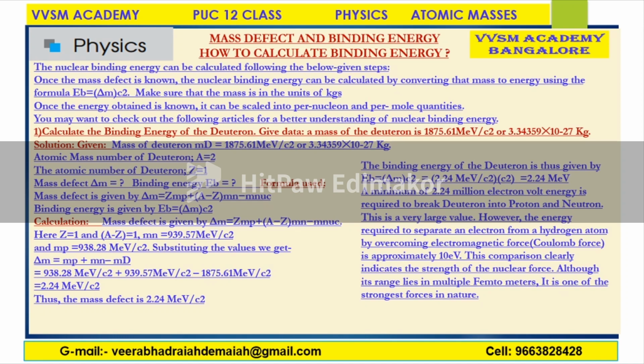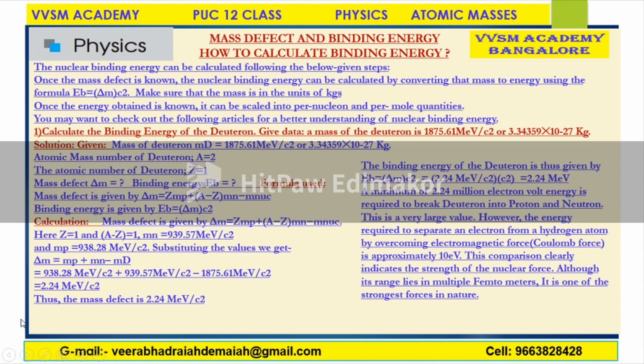The problem will be like this: calculate the binding energy of the deuteron. The given data: the mass of the deuteron is 1875.61 MeV/c², and the atomic number of the deuteron is 1.